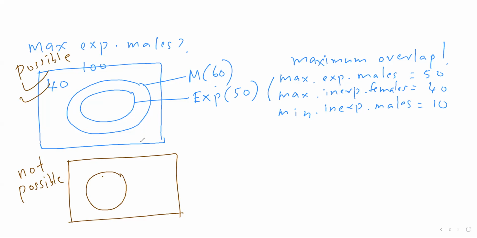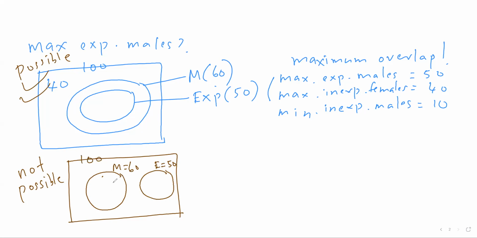And something that is not possible is when you represent males, let's say this is 60, and experienced people who are completely outside. Okay, if this is 60 and this is 50, because the total is 100, you remember that.